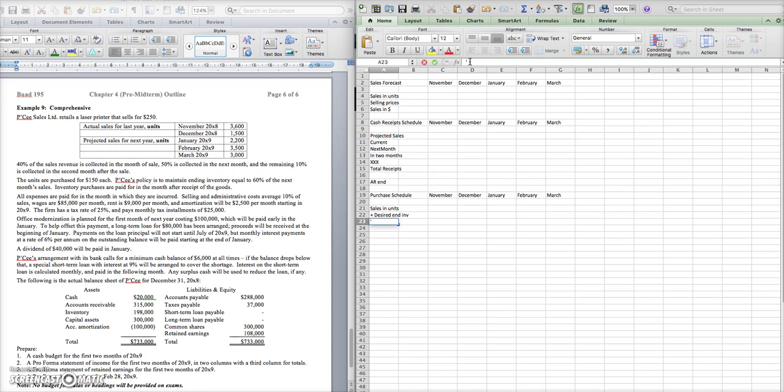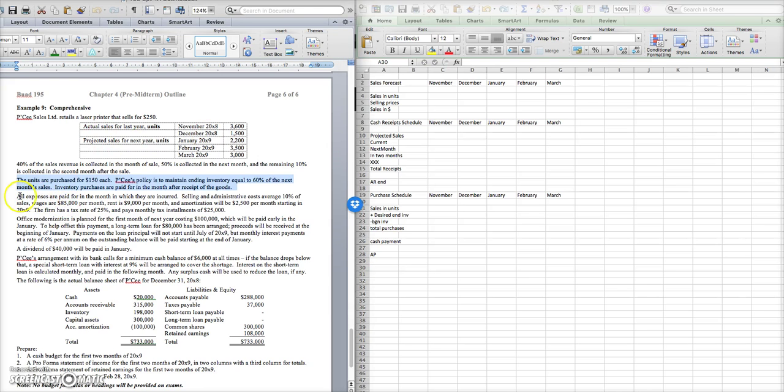We want to deduct our beginning inventory. That will give us our total purchases. And we will need to factor in some of the cash payments in order to calculate our ending AP. So let's just do cash payments, a space down, and then our AP, which we can calculate later.